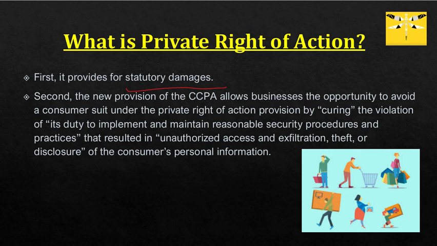It includes five or six major bullets, such as the nature and seriousness of the misconduct, the number of violations, the persistence of misconduct, even after it has been brought to the notice of a business, the length of time over which misconduct has occurred, the willfulness of the defendant's misconduct, and the defendant's assets, liabilities, and net worth.